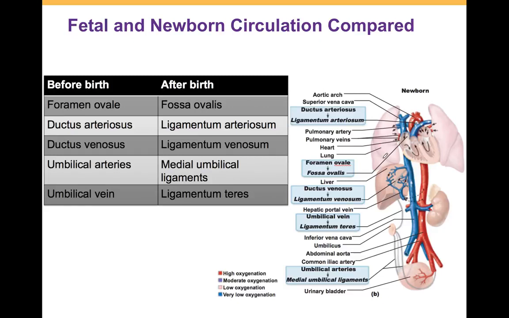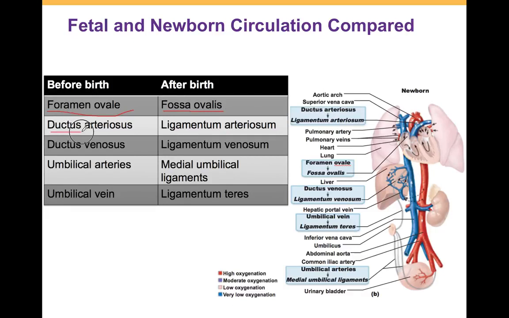So we need to close the two structures that prevented blood from going through the pulmonary circulation. The first one we discussed was foramen ovale, which was going from the right side of the heart to the left side. When that is closed up, it becomes fossa ovalis. So after birth, it becomes fossa ovalis.